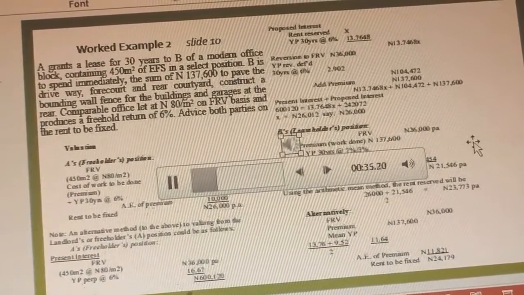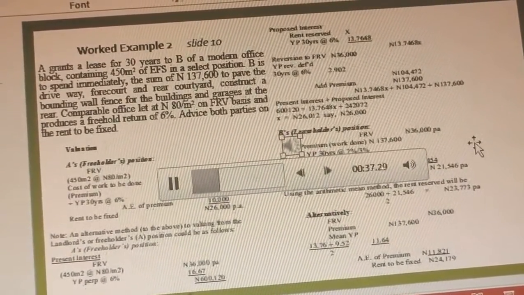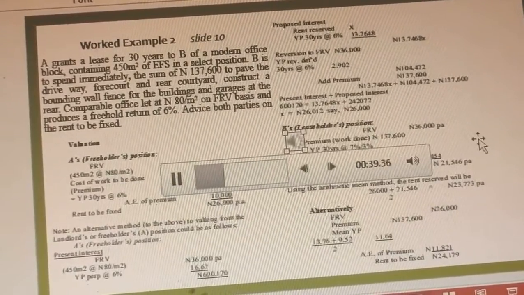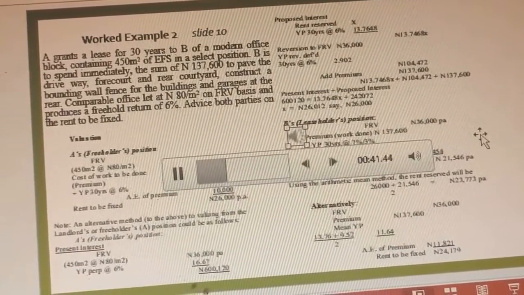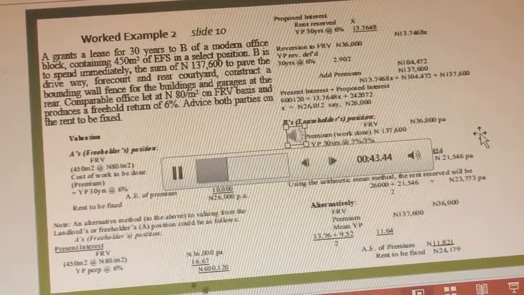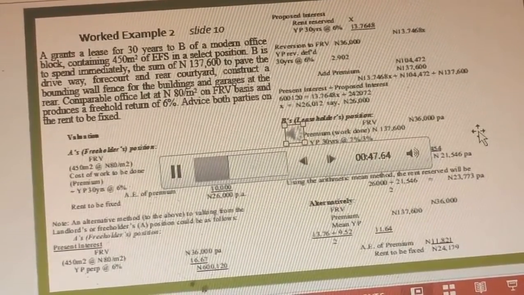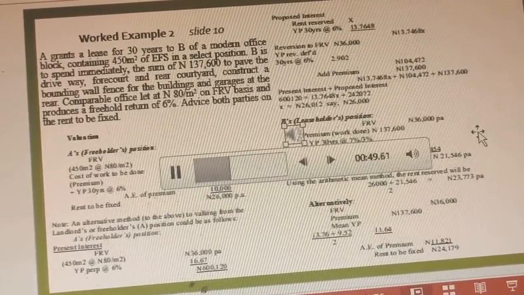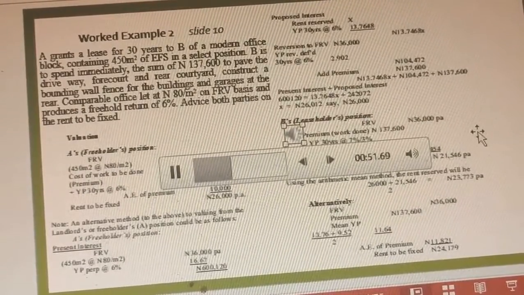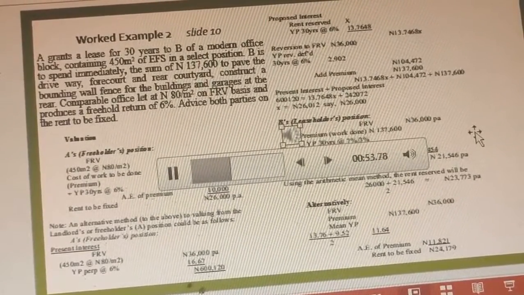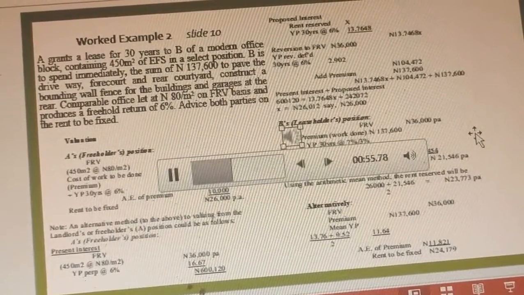You remember that I told you premium need not necessarily be cash paid, lump sum paid to. It could be an amount agreed to carry out some extension work, repairs and so on, which is taken in lieu of the premium.